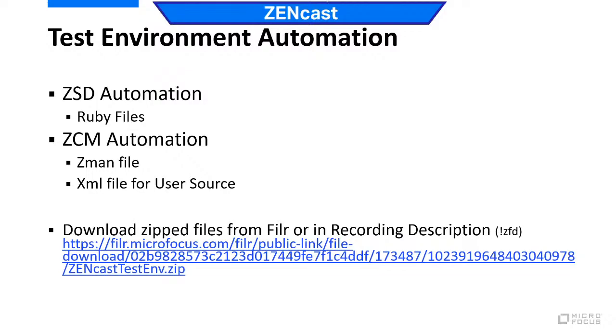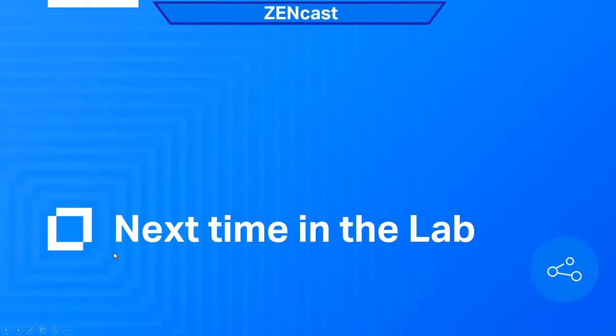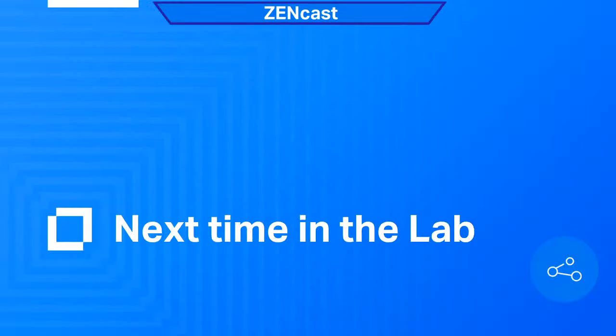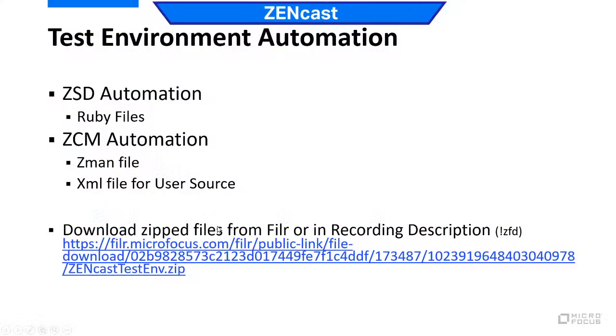Test environment automation. We covered some ZSD automation using Ruby files, ZCM automation using Zman file and XML file for user source. You can download those at the zip file here. Sorry, went too fast. I'm going to pick this up in the presentation and put it in chat.